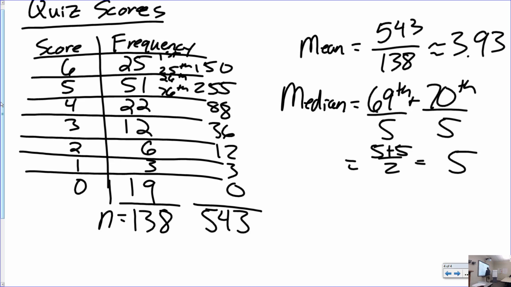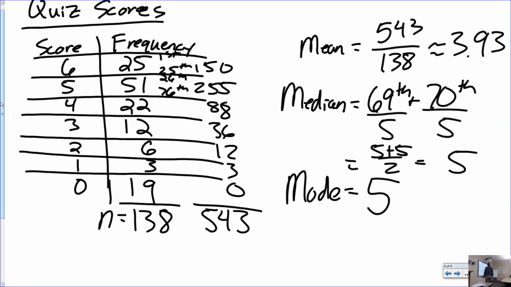And then last but not least, what's the mode of this data? This is also 5, because that's the number that repeated the most, or had the largest frequency. When you get a frequency table, finding the mode is almost like a freebie.